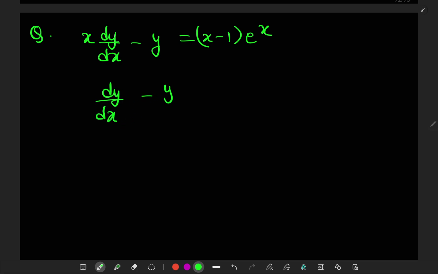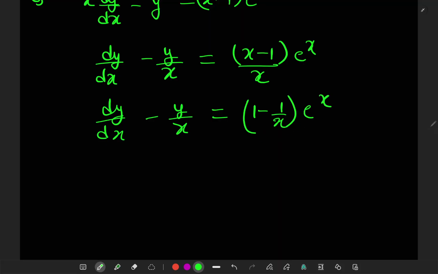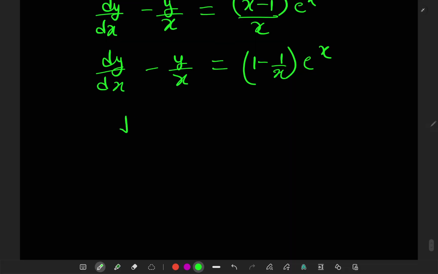We can write here, on solving. Now finding the integrating factor.